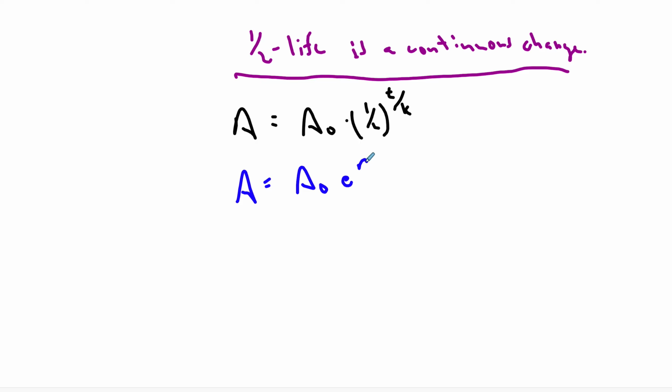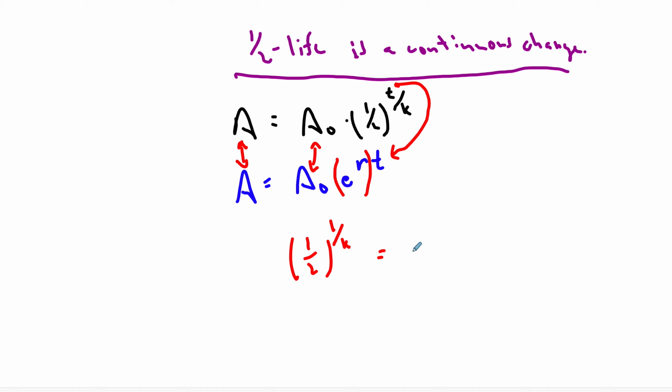I'm going to use R again because R and K are two different values. Everything else here, that is, this T and this T are the same thing. A naught and A naught, same thing. A and A, same thing. The only difference is that this e to the R is equal to, now when we're looking at 1/2 to the T over K, that's the same as 1/2 to the 1 over K to the T. That would mean that that portion of that, right, is equal to e to the R, okay?